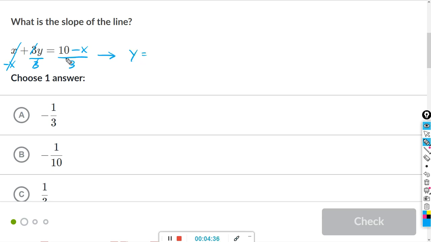Now, when you have multiple numbers added or subtracted in the numerator, that means each one of those are over the common denominator. So this right here, it's the same as 10 over 3 minus x over 3. Okay? And we can reverse this if you want. Alright, if you want to put the x term first, that's fine. Y equals negative x over 3 plus 10 over 3.